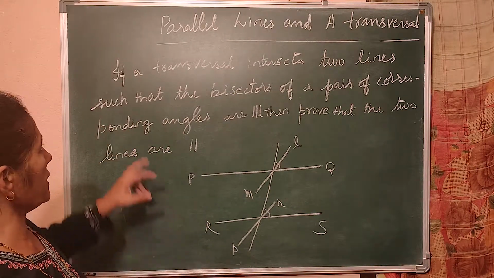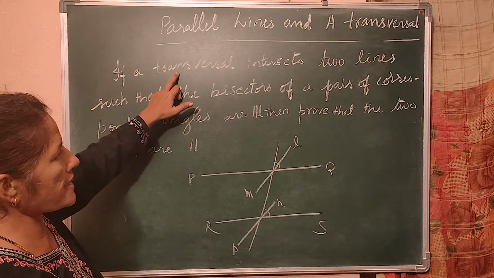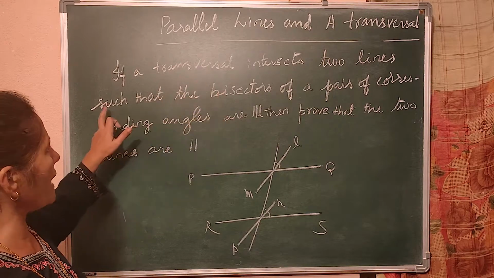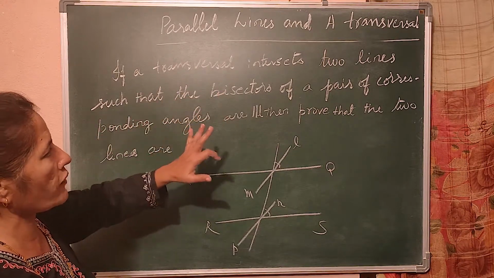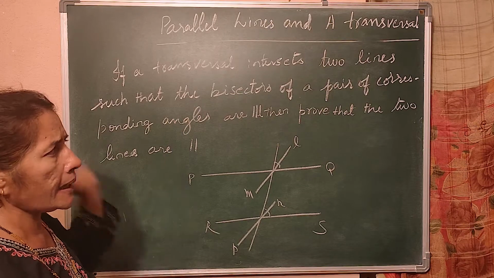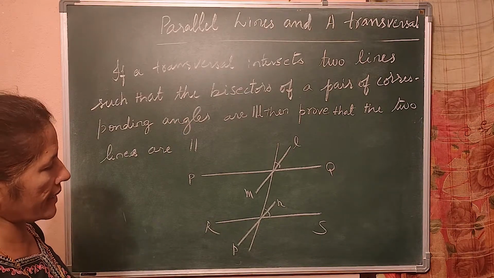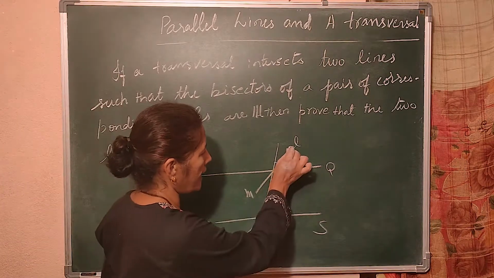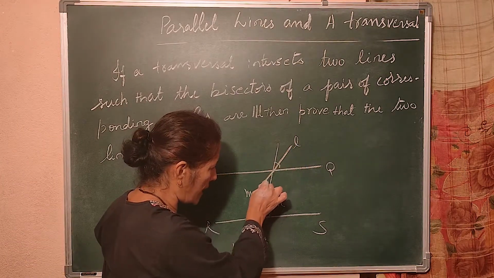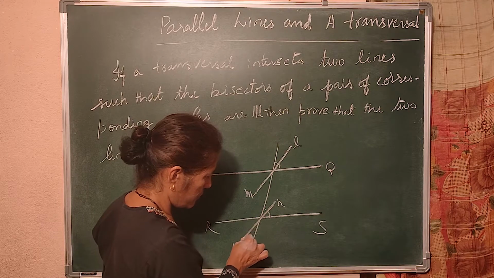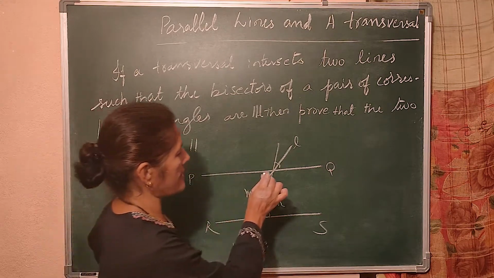Try to understand the question. If a transversal intersects two lines such that the bisectors of a pair of corresponding angles are parallel, then prove that the two lines are parallel. See, they have said these two lines are parallel and they bisect these angles.